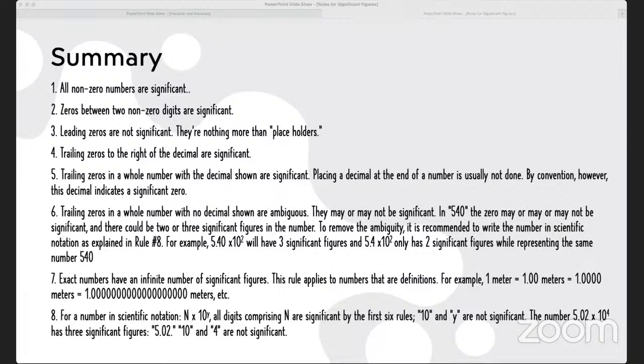If you go to the announcement section, I actually posted a quiz, an interactive flashcard lesson for the rules on significant figures. How many of you were able to access this?